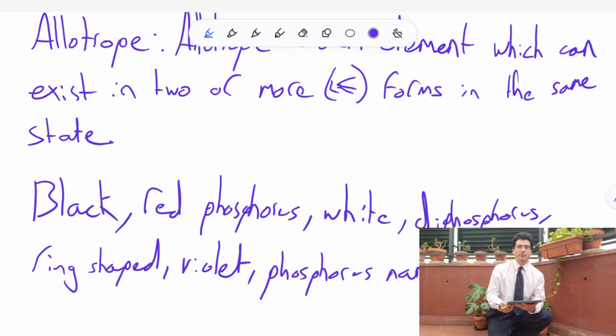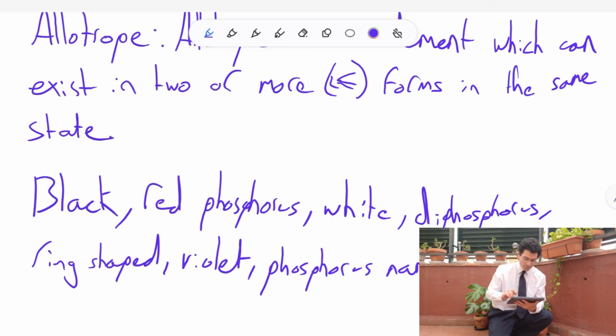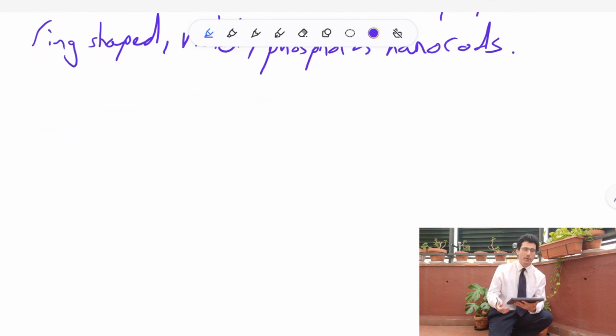So as you can see, phosphorus has many allotropes or different forms, and we will focus today on one particular example of phosphorus which is very close to home, which is matchsticks.